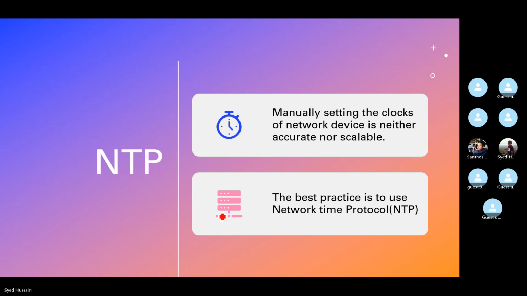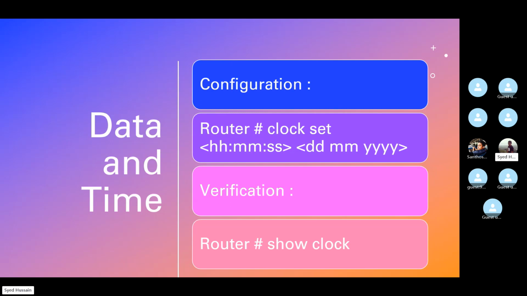Change means we are adding or removing some protocols like OSPF, routing protocols, or anything that happens in the device, and we have logs for it. So we need perfect timing to know when this happened. That's why NTP is required. Okay, next are the configurations.